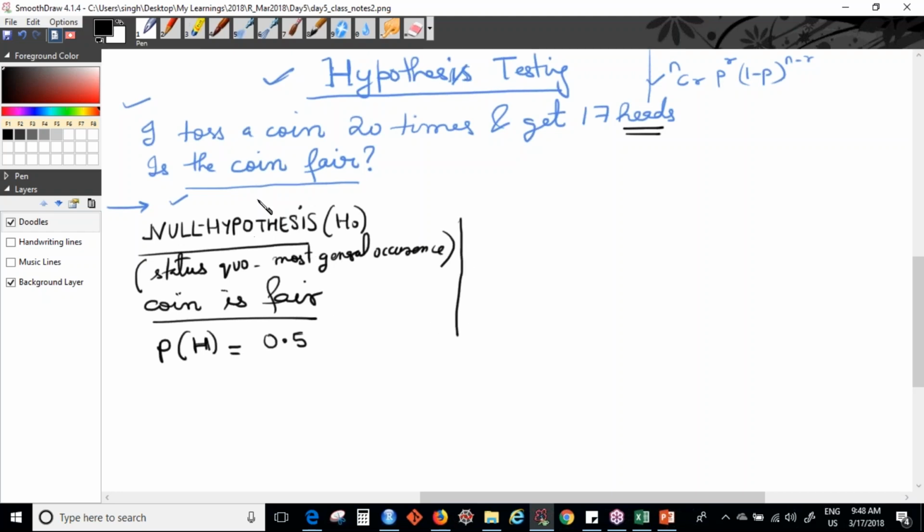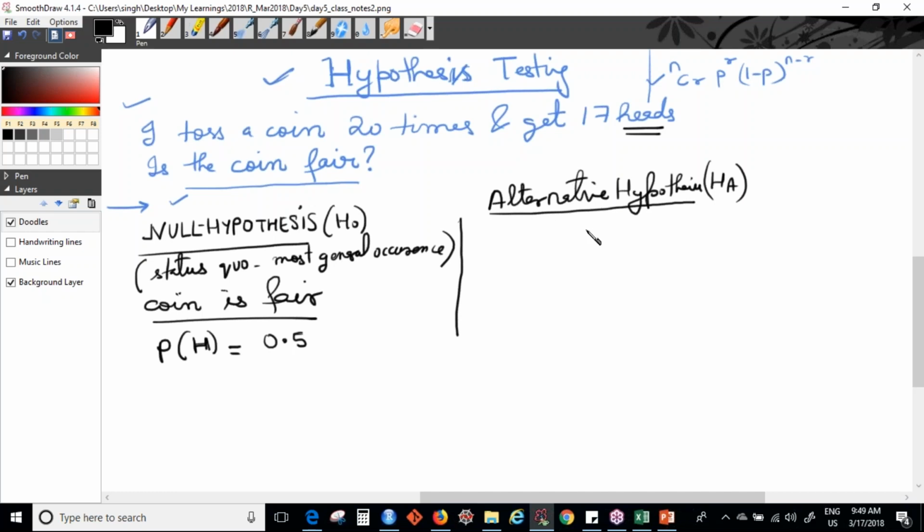Now similar to null hypothesis and exactly opposite to this is your alternative hypothesis, represented by HA or sometimes H1.